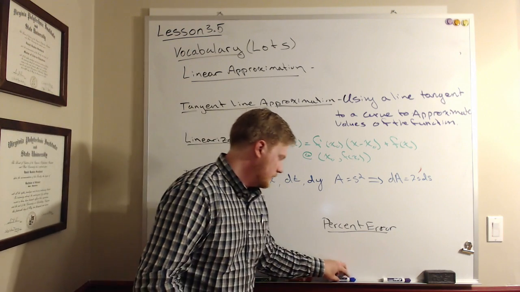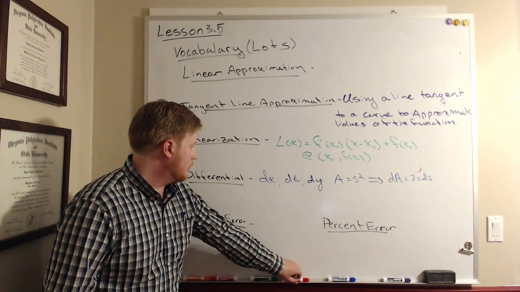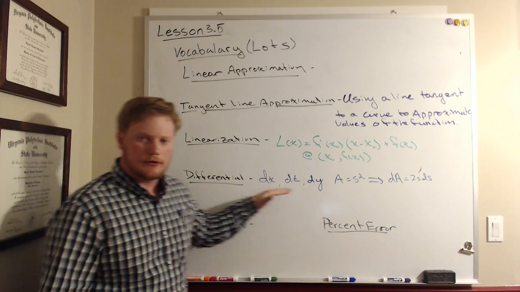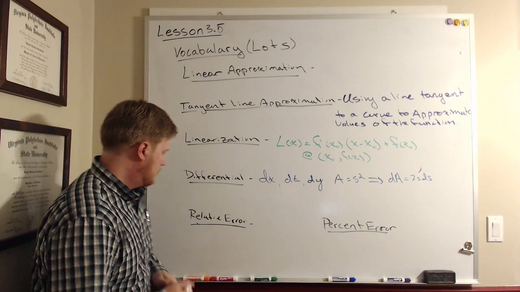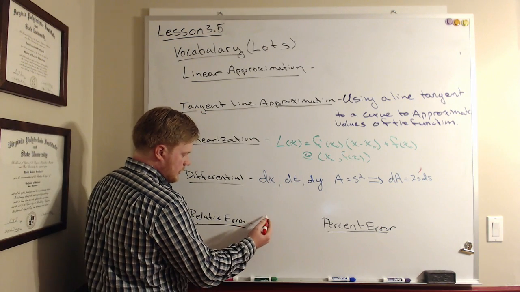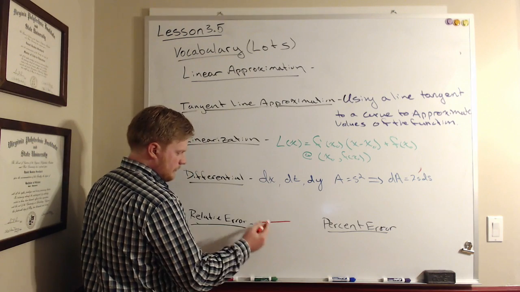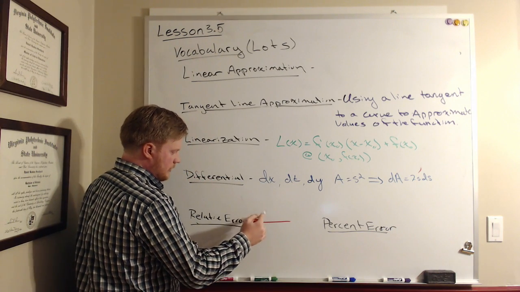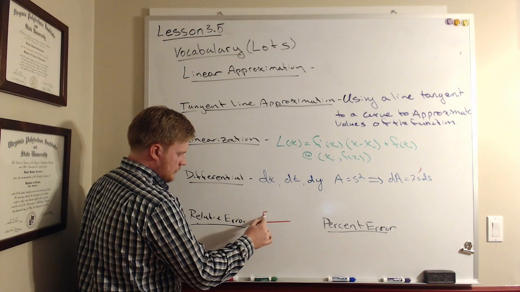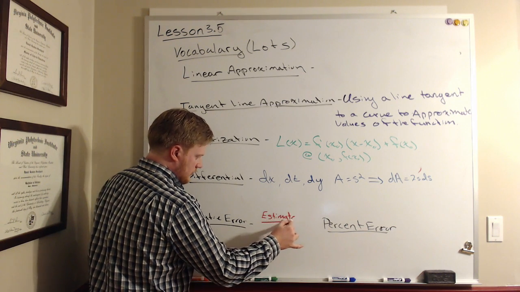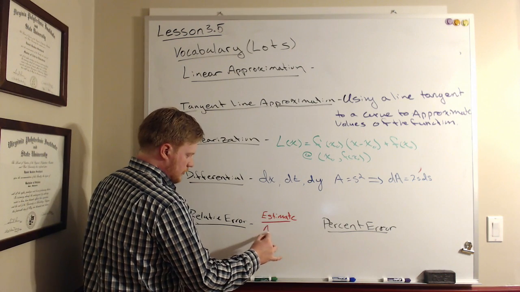Relative error is going to come up when we start talking about using differentials to approximate error. Relative error is calculated by dividing the estimate over the actual.